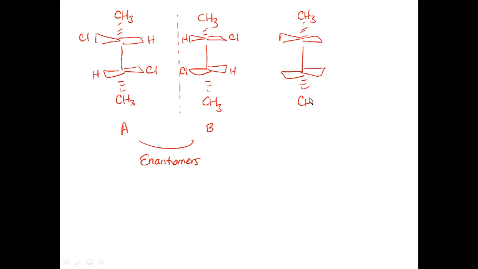So I'll take the top chiral center, keep the chlorine on the left, but now I'll reverse or invert the bottom chiral center here in molecule A. And to do that, I'm just going to switch the Cl and the H. So if I switch those two groups once, I'm going to invert that chiral center, or change it from R to S or S to R. Okay, so molecule C here is a diastereomer to both molecules A and B.